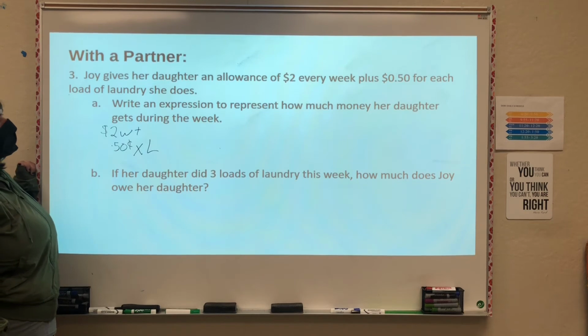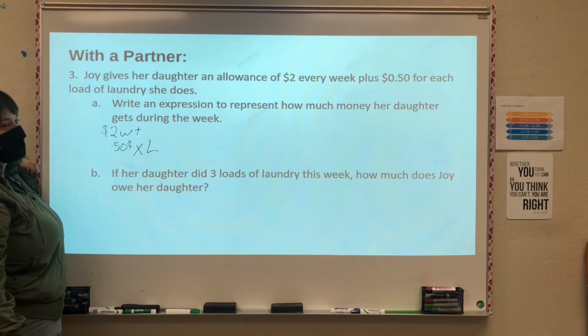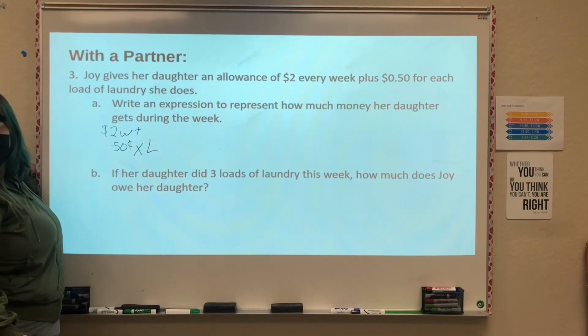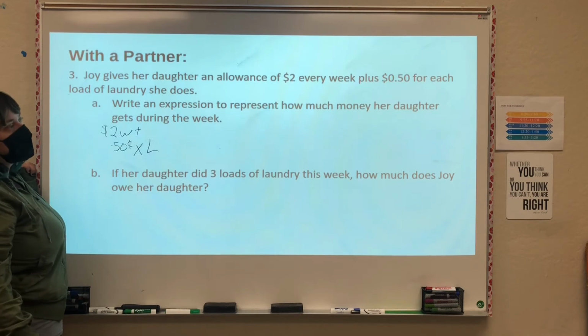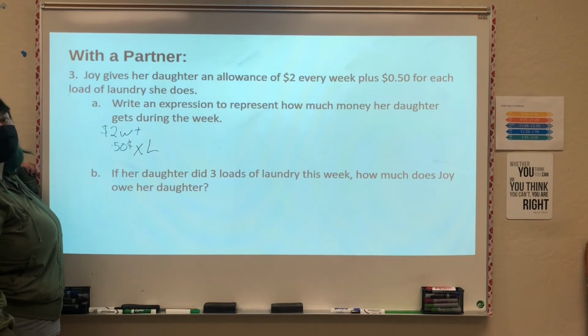Gentlemen who are sitting, look up at one of the examples we did. For that first part, what's missing? The $2 every week, not every day. What's missing? So what do we still have to do? The each load of laundry.